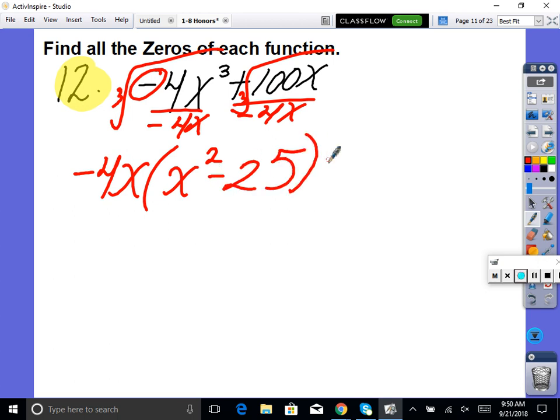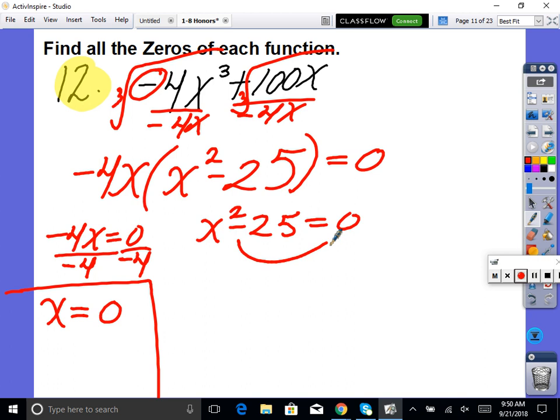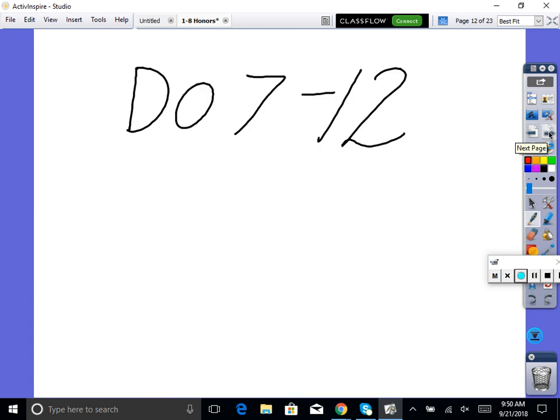Good, minus 25. So we have -4x equals 0. Okay, awesome. Now go ahead and finish up the 1 through 12.